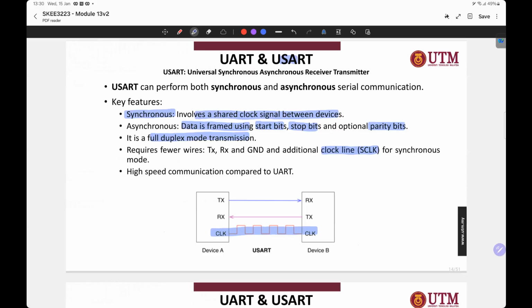Apart from that, it has the transmitter line, receiver line, and ground line. It also needs a clock line whenever it runs under the synchronous mode. It gives higher speed communication compared to UART. If you need a high speed communication, you can use the USART. If you need a slower communication, you can use the UART.